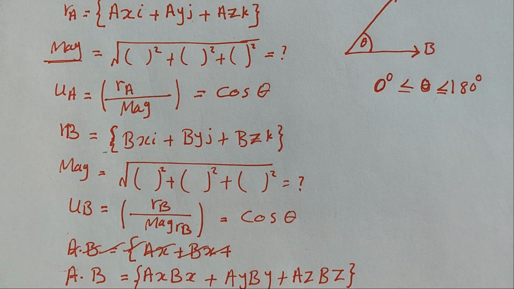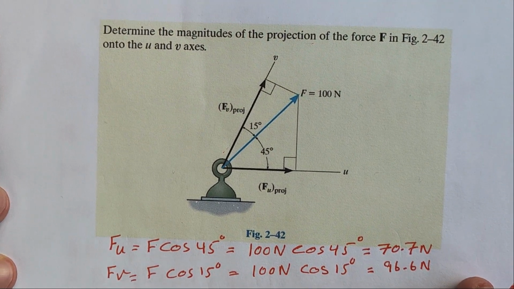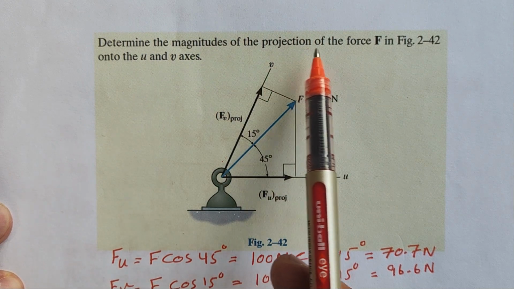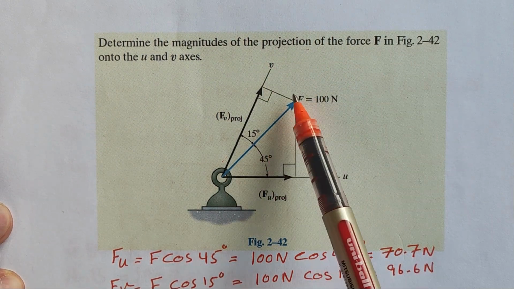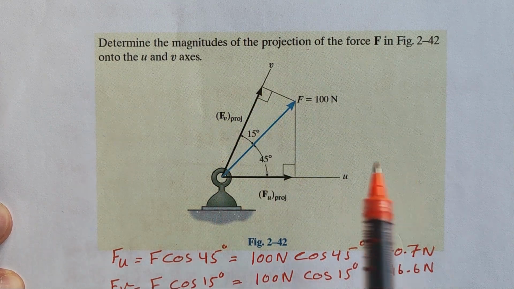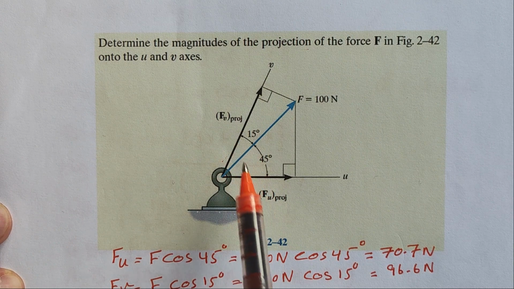Now, if we have this question here, the question is asking us to determine the magnitudes of the projection of the force F. This is the force F, and it's got two projections or two components. We can see that they are not perpendicular to each other.